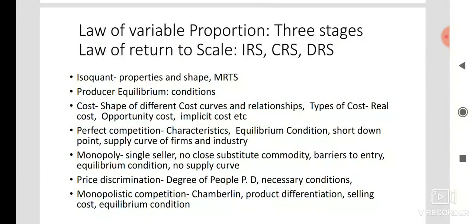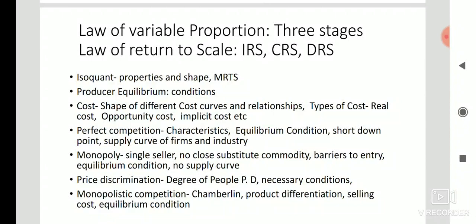That is very important for entrance examinations. The shape of the AFC is a rectangular hyperbola, and the shape of MC, the marginal cost curve, the shape of AC, the average cost curve, and the shape of AVC, the average variable cost curve, are all U shape. Only the shape of TC and TVC is inverted or inverse S shape, and the shape of AFC is a rectangular hyperbola. Here the most important question is the shape of AFC is a rectangular hyperbola.